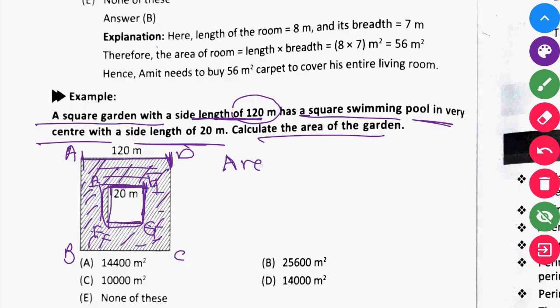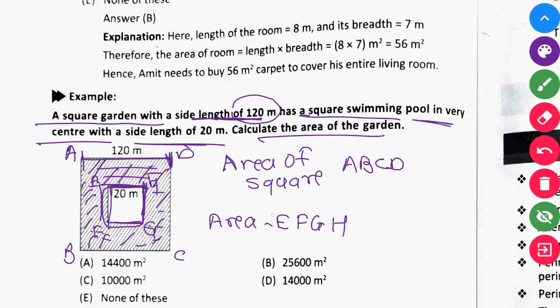So first we find the area of square ABCD, then we find the area of square EFGH, and then we subtract the area of EFGH from ABCD. So we get the area of the garden.